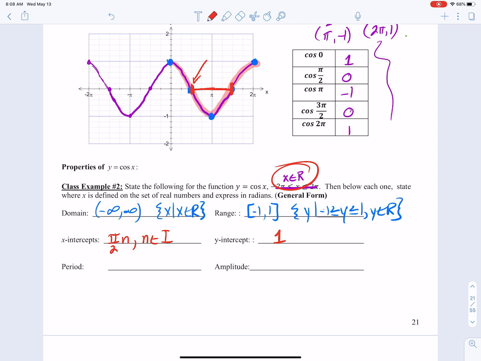So the period is 2 pi, and the amplitude, because the max and min are the same, is also 1. And again, that's from the midline, which in this case is the x-axis, to the max is 1 unit, and to the min is 1 unit. And that's how amplitude is defined.